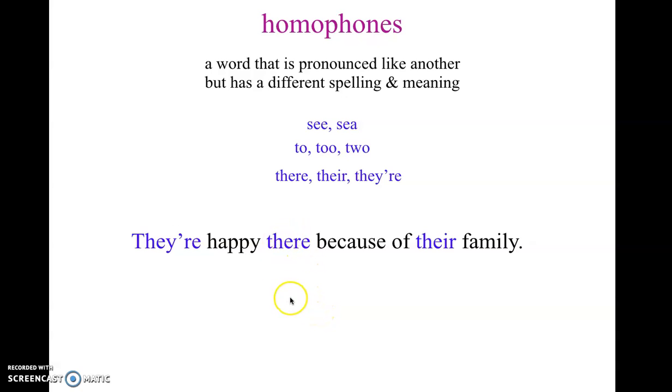They're happy there, maybe in Akron, right? There could mean any number of places. Their, T-H-E-I-R, is the possessive adjective. Here is the noun family. Whose family? Their family. Right? Perhaps the Smith family is who we're talking about, right? Or the Rye family.